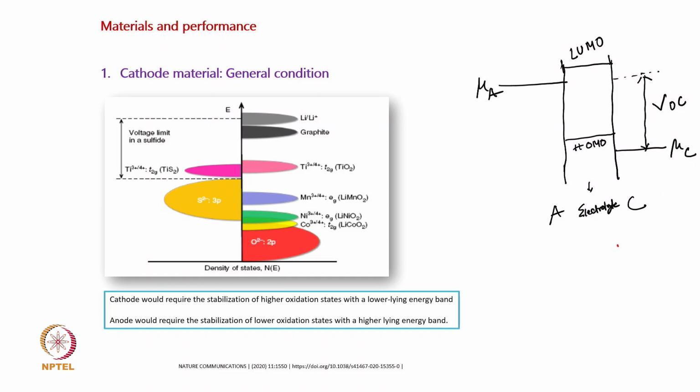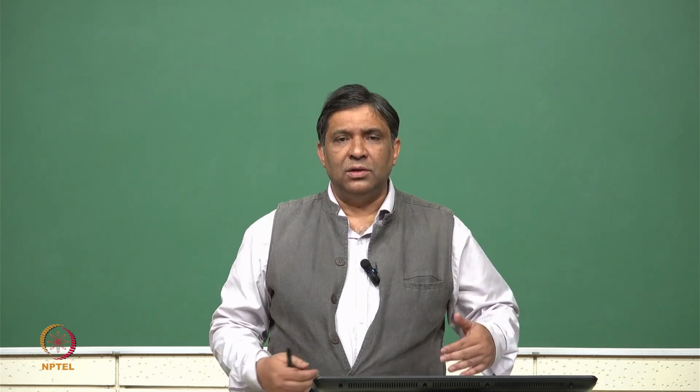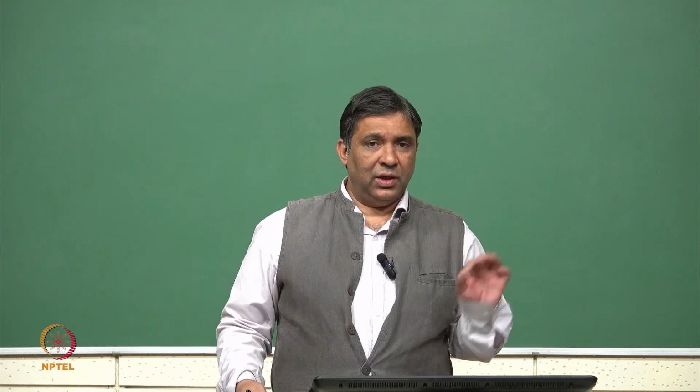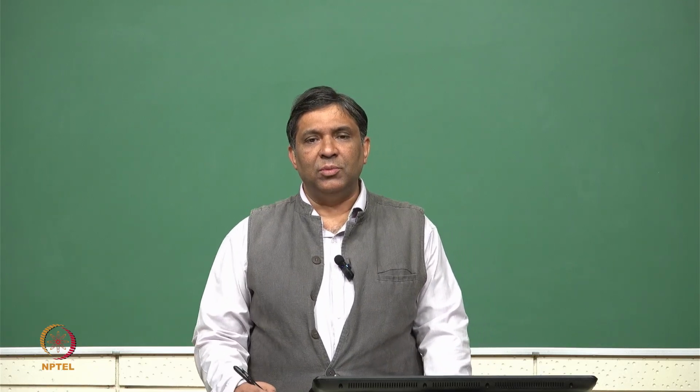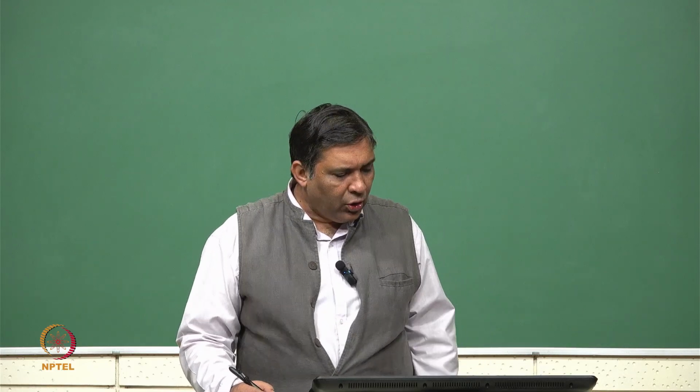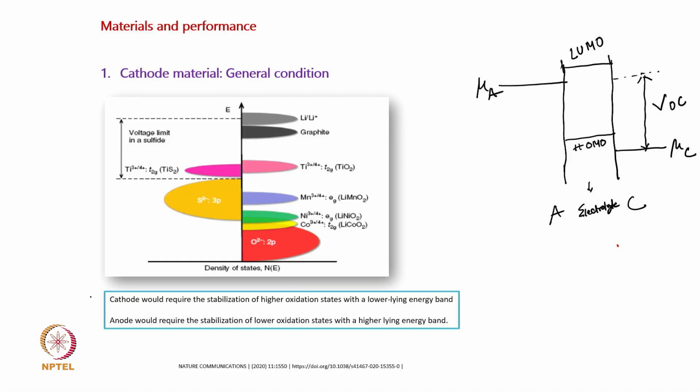Okay. So, what is the criteria? The criteria is that these two energy levels which I indicated should be separated as much as possible, and if you can make this difference more, then one can generate a higher maximum voltage in a lithium ion battery. So, there are two conditions. The first condition is: what does the cathode require?